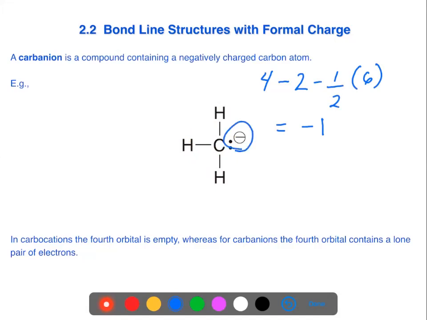Now, because this is the simplest example of a carbanion, we can't use a bond line structure to show it. But if we were to have this particular structure, this would be the Lewis structure for this particular carbanion. If we were to reproduce this as a bond line structure, then we would show it as such.